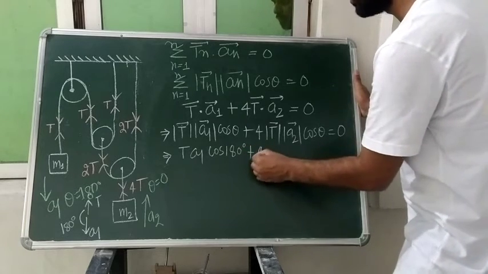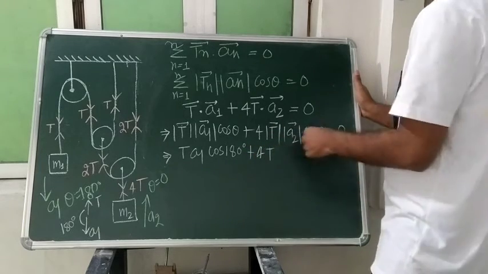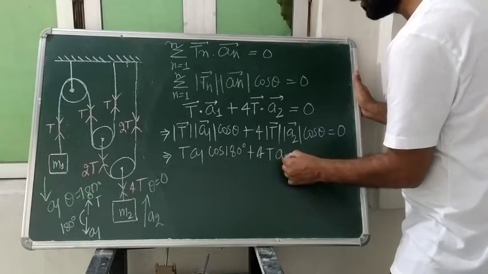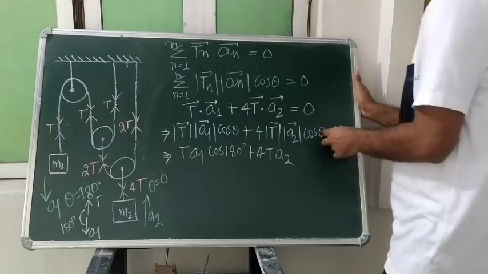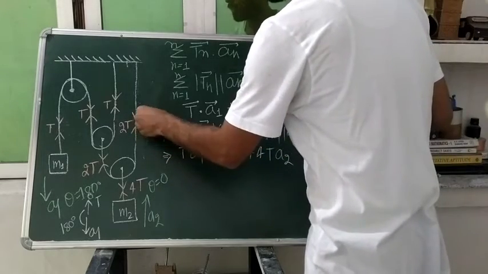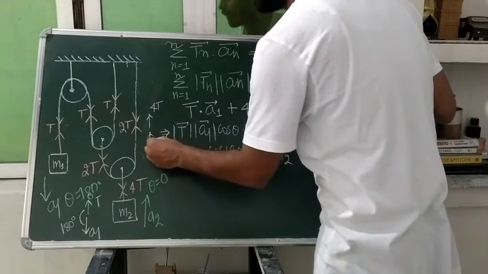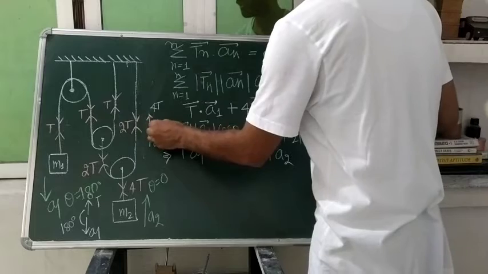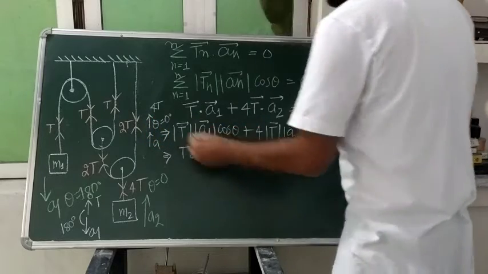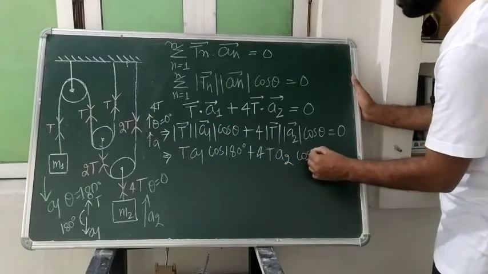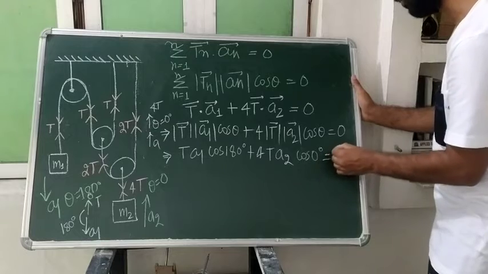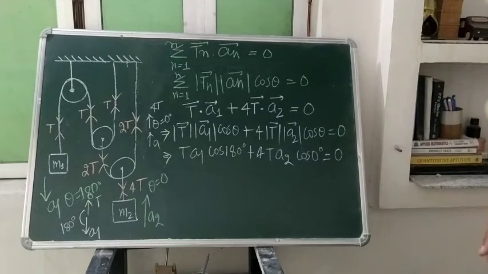Here for this magnitude I will write T, and this I am saying as A2. Here for cos theta, the 4T tension vector is upward and the acceleration we have also assumed upward. So theta here will be 0 degrees, so cos 0 degrees.